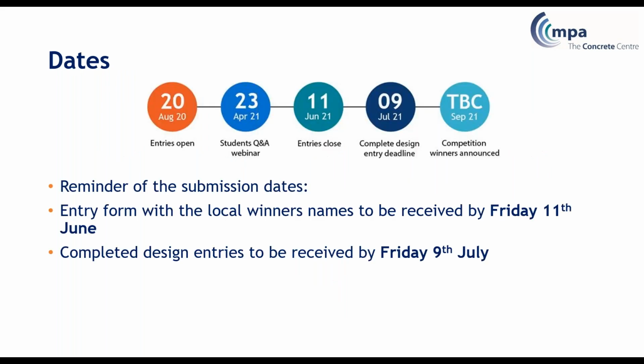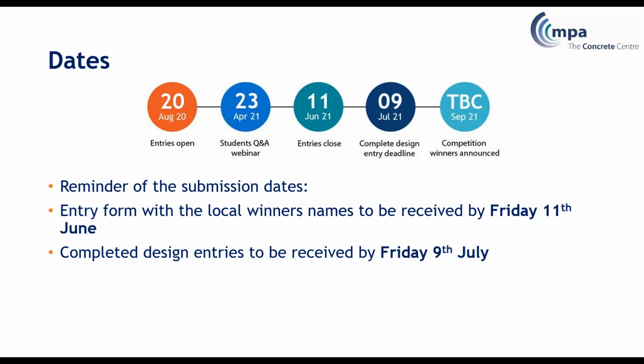These are the dates for this year. We've got the entries opened on 20th of August last year. Today we've got the webinar Q&A. The entries close on the 11th of June. So that's when we'd like to have your tutors to have sent us the winning entry from your university.